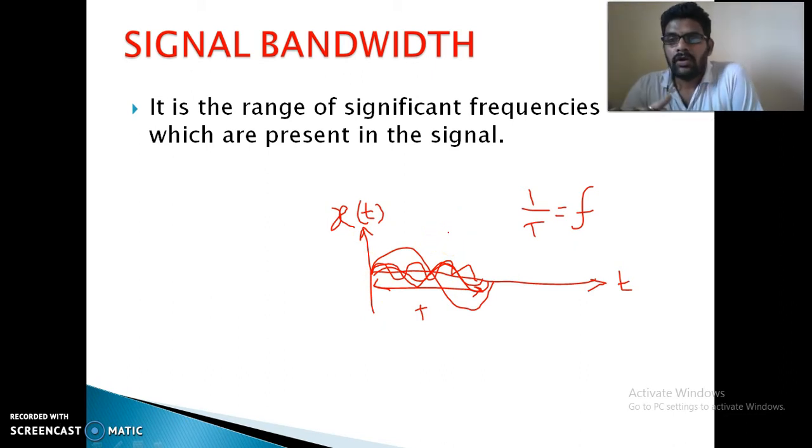Among the n number of frequency components, only some of them contribute to the formation of the signal. Such contribution is defined by the Fourier coefficients C1, C2, C3. We have seen in the Fourier series what they give: they give the similarity of x of t with that harmonic.